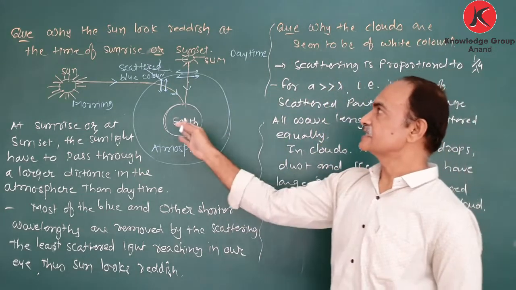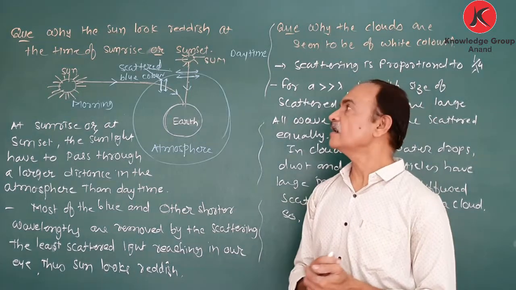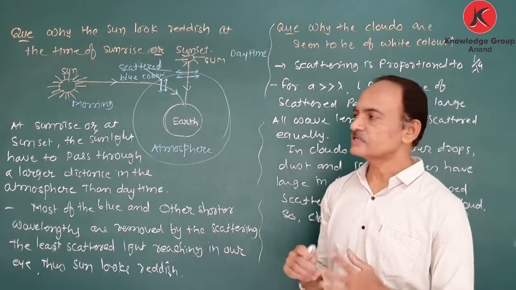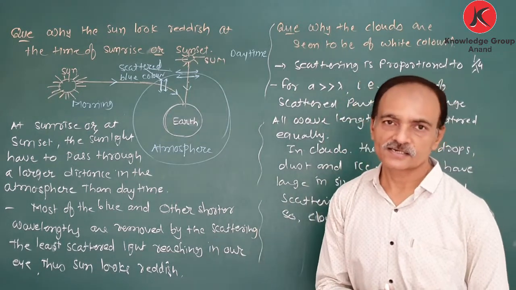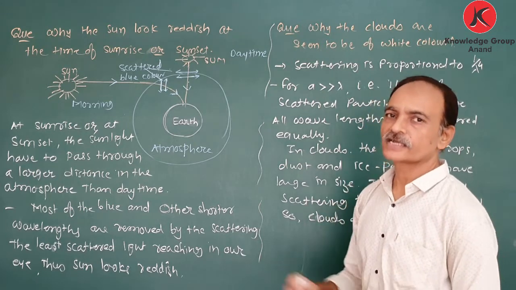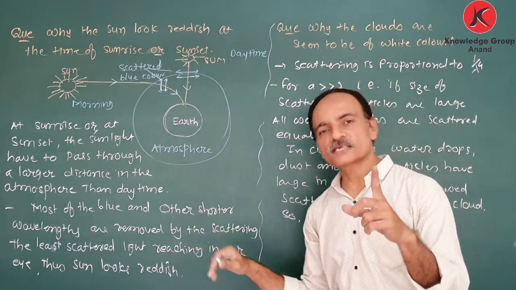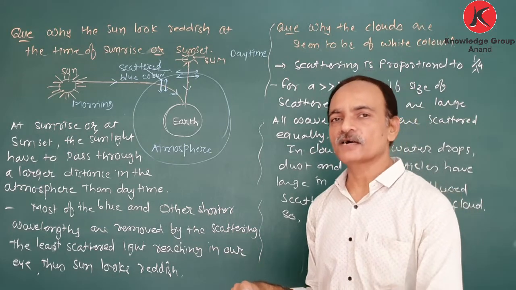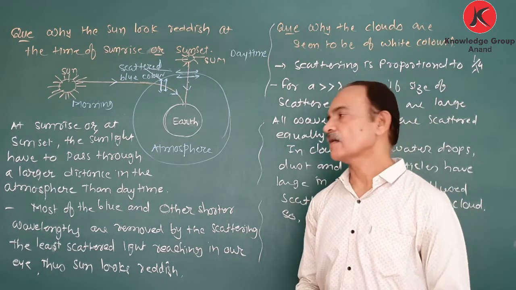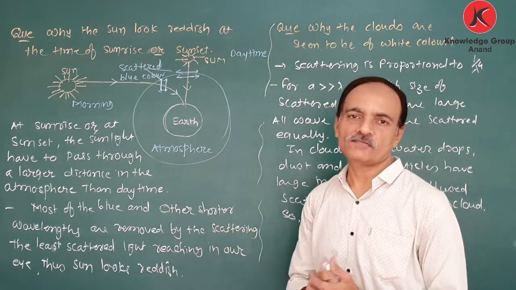Now there is the reason why the sun looks reddish at the time of sunrise and sunset. Clear? Okay. The only reason is that the shorter wavelength is scattered fast and strongly compared to the longer wavelength.